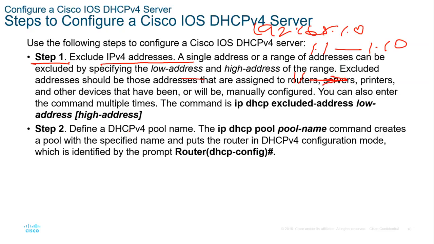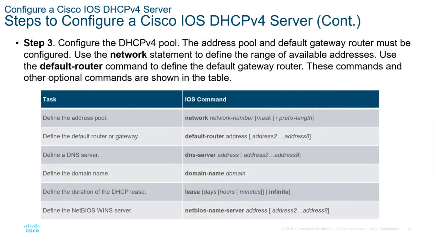Step number 2, you define the pool, ip dhcp pool, then you state the name. Step number 3, configure the DHCP pool. The address and the default gateway router must be configured by using the keyword command network. You state the network, and then default-router to state the router.